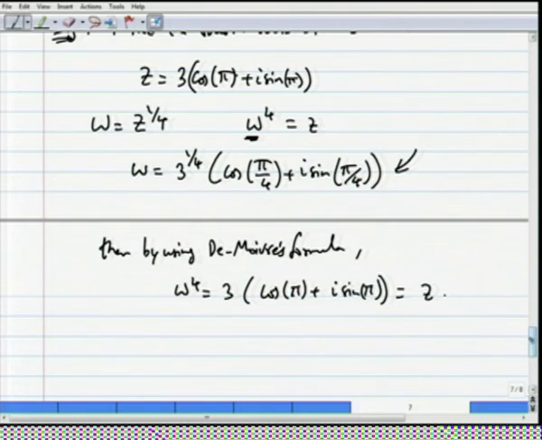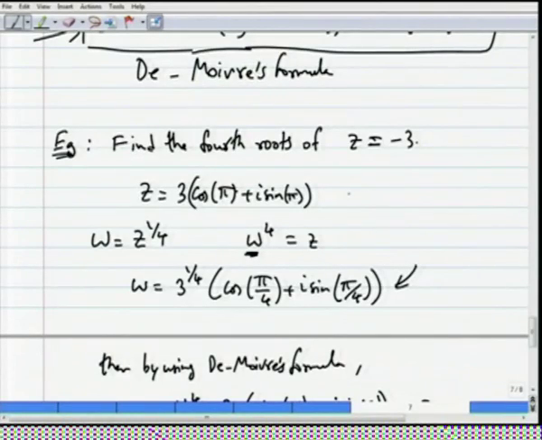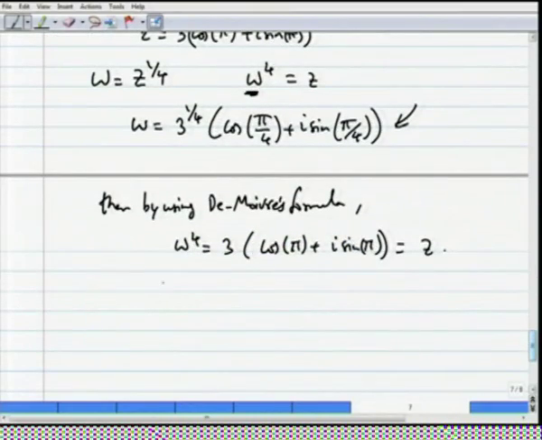Well, the answer is we are missing out on other possible values of w by considering one particular argument for z. We can do better by considering a general argument for z.